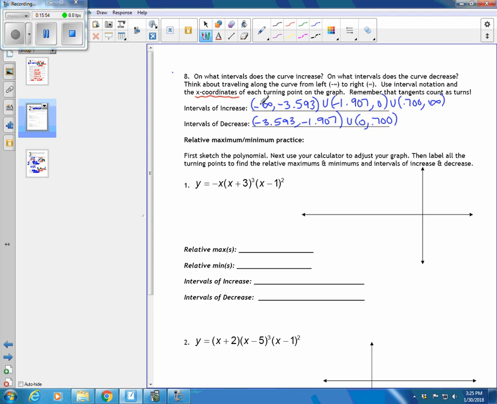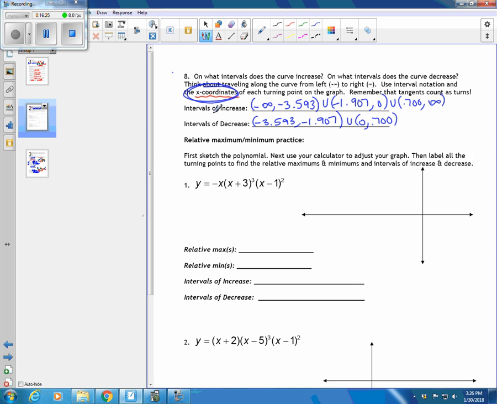Start with negative infinity, whether that's an increasing section or a decreasing section, go to the first x turn, then you switch to the other one and go from the same x to the next x turn, and then use that same x on the other part. It should alternate back and forth to 0, and then 0 to 0.7. The big thing is to make sure you're using the x-coordinates, because we're traveling from left to right, and x's go from left to right. So you do not use the y-coordinates at all here.